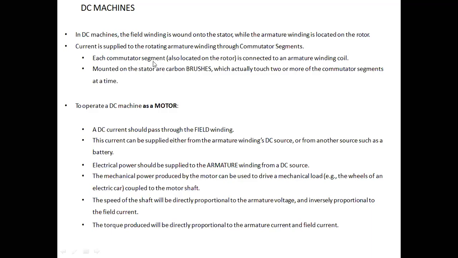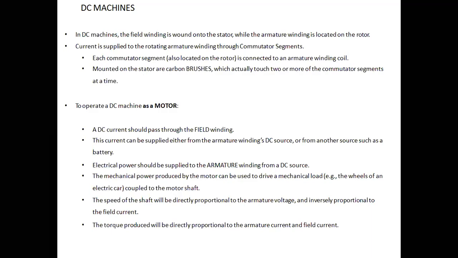Each commutator segment is connected to the armature winding, and the brushes mounted on the stator actually touch two or more commutator segments at a time. Because if you see the construction, we are using brushes on both sides of the commutator.